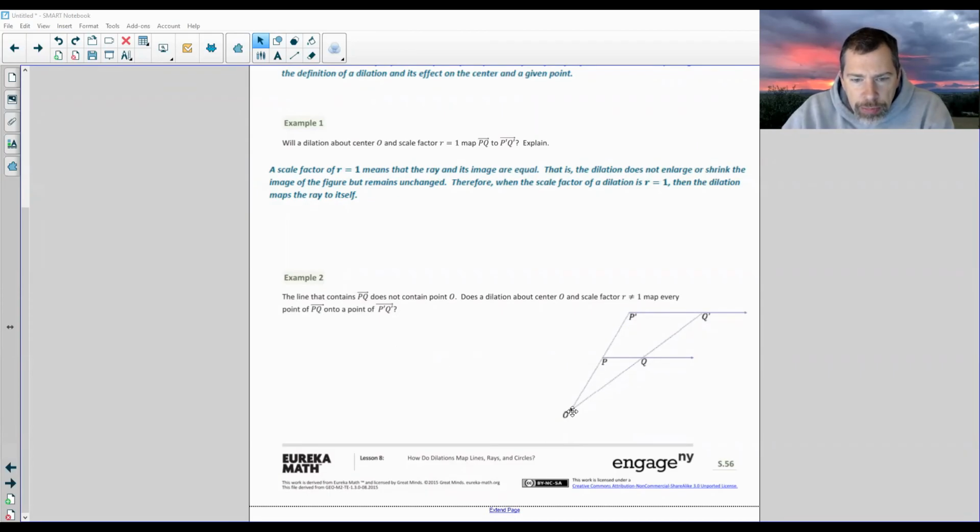It does not contain the point O. A dilation about center O and a scale factor not equal to 1, in this case greater than 1, will it map every point on PQ onto a point of P prime Q prime? So in other words, did P get mapped to P prime? Did Q get mapped to Q prime on another ray that is on a different line that is parallel? And the answer is yes, it will.